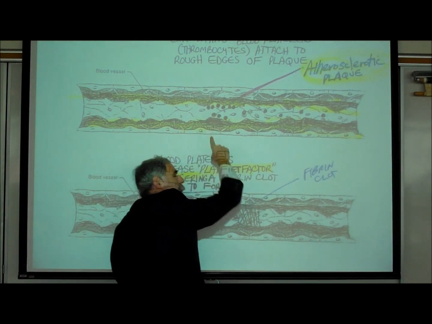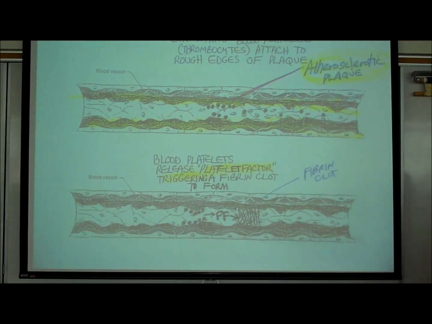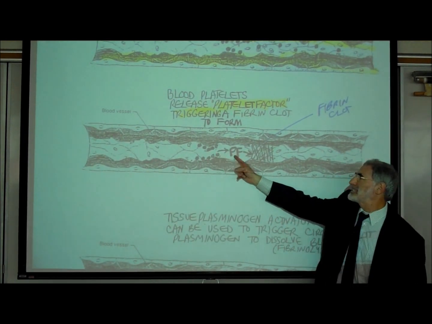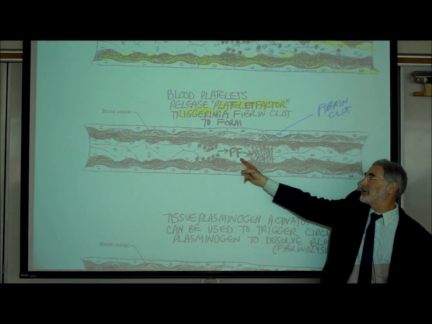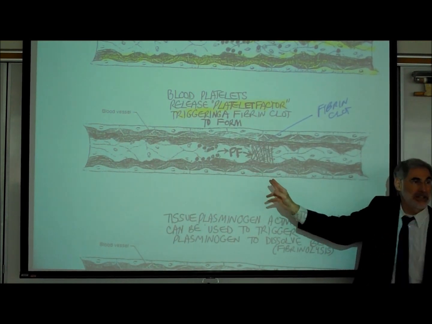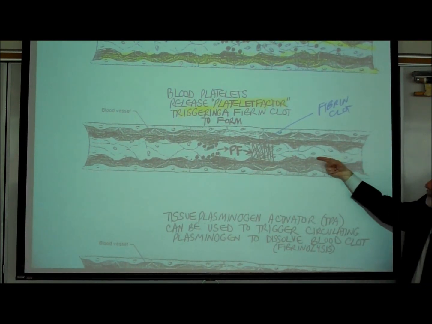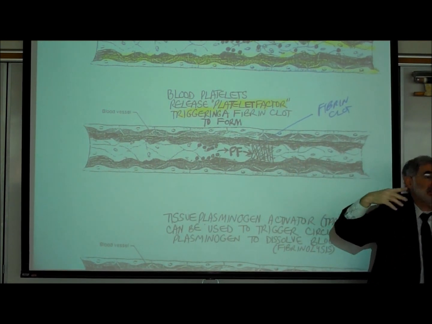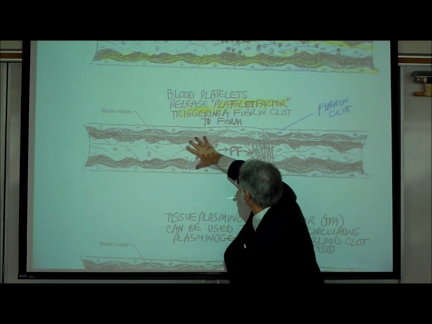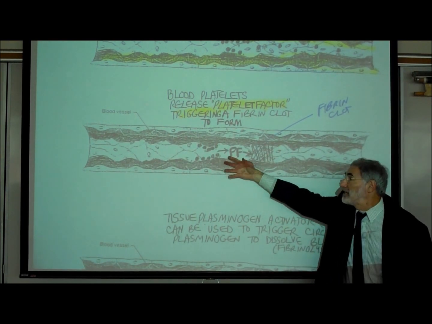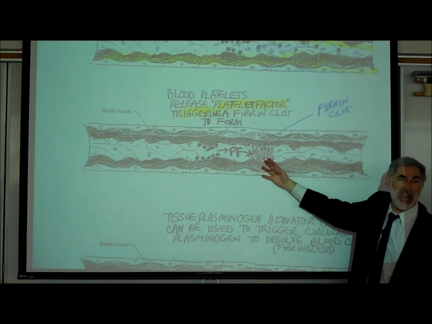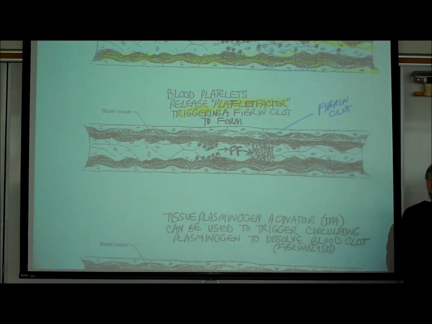So these platelets start to aggregate or attach, and as we see in the middle picture, they start to release that chemical called platelet factor, which causes the forming of a fibrin clot. Now we've stopped the flow of blood through this vessel. It's not because the vessel was cut. It's because of this atherosclerotic plaque. It caused the platelets to now incorrectly release this chemical, and now we've stopped the flow of all blood through this vessel.